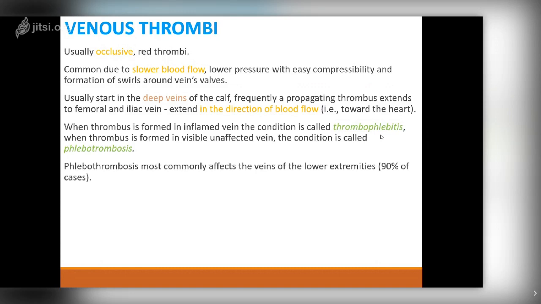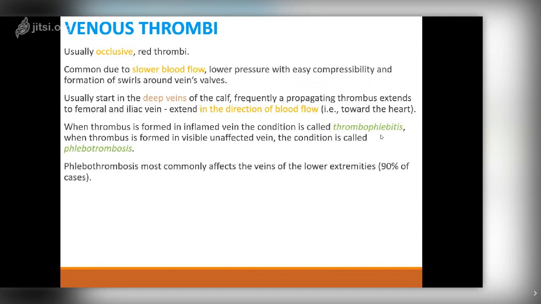So they will grow from the distal part, for example, of lower extremities to the proximal part. And in literature and in practice, there were such cases when, for example, a thrombus from the popliteal vein grew through the femoral vein through the inferior vena cava to the right chamber of the heart. Can you imagine how huge it could be?